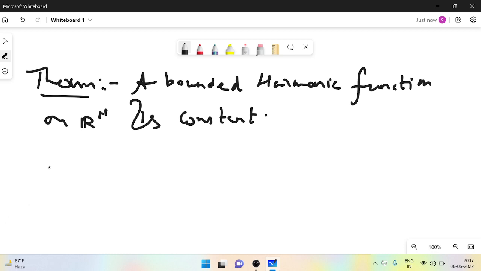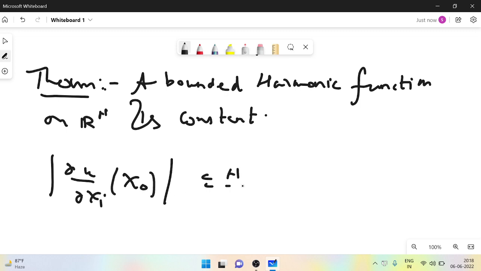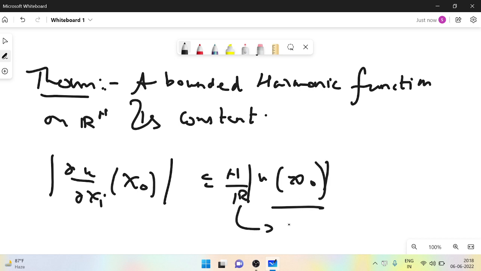From the previous theorem, dou u by dou xi at x naught should be less than or equal to n by r times the modulus of u of x naught, and I can take r to be infinity because it's on the real line. So all the derivatives are equal to 0. Because all derivatives are equal to 0, the harmonic function must be constant.